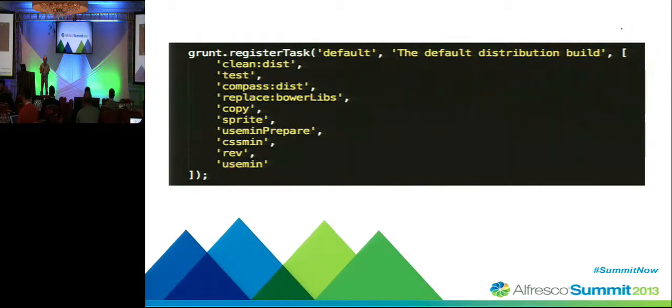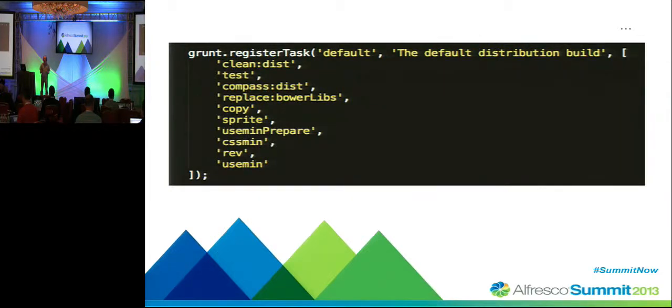It runs through the tests, compiles the Sass CSS, injects the Bower managed libraries into the HTML, copies the necessary files to the right place, builds the sprite sheet using the config we saw earlier, does some minification to the JavaScript and CSS, and then finally adds the MD5-based cache busting. And once that's done, all the code in that distribution folder is ready for deployment.